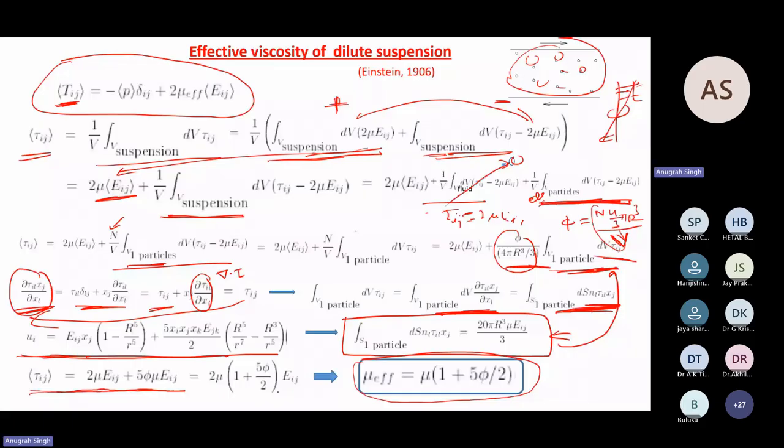If you relate it, tau was 2 mu e for a Newtonian fluid without particles, so we can also rearrange this as 2 mu times this. Now you see mu effective is basically this. So mu effective, that means the suspension viscosity, is mu times 1 plus 5 phi by 2. This is the viscosity of the suspension.